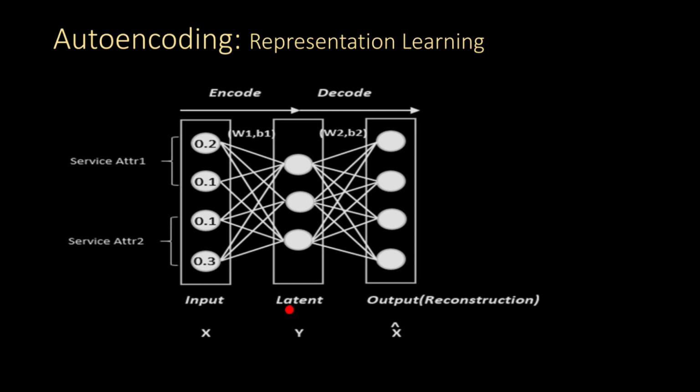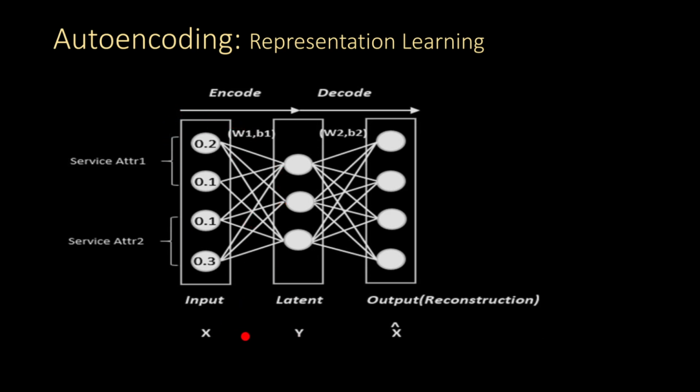And then you would have another feed-forward layer to generate the original input. So you can see that you don't need any labels because what you're generating is the input that you already have. So you don't need labeled data to backpropagate the error.